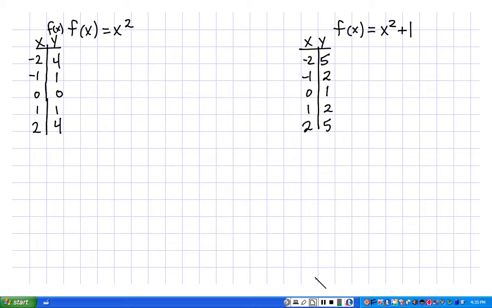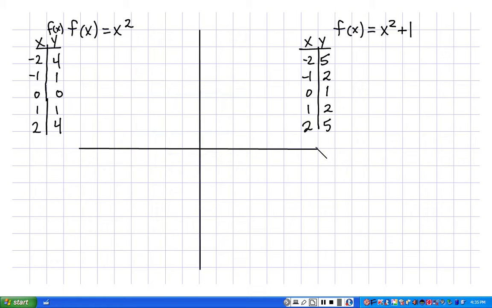Let's see here. Best as possible, try to keep it straight. So now my base graph, I'll just go ahead and plot it as it is. So 0, 0. I have a negative 1, 1.